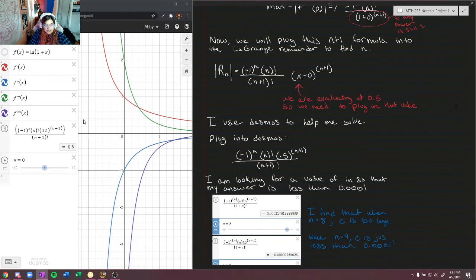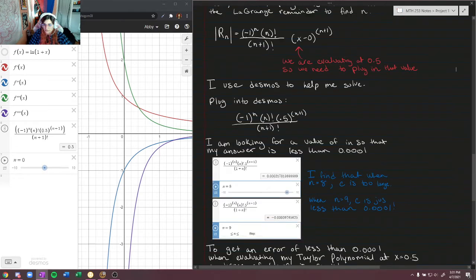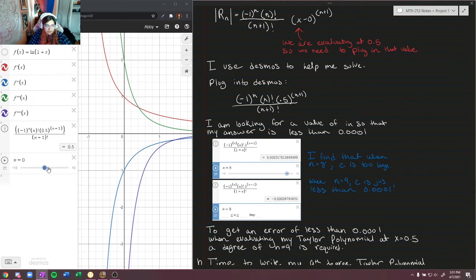I use Desmos over here to help me solve this so that I don't have to plug in a bunch of numbers and solve it by hand. I have this slider here. I plugged in 0.5 to this equation, and I'm just going to scroll it. Remember, I need this output, my c value, to be less than 0.0001. So we need to go up in degrees a bit.